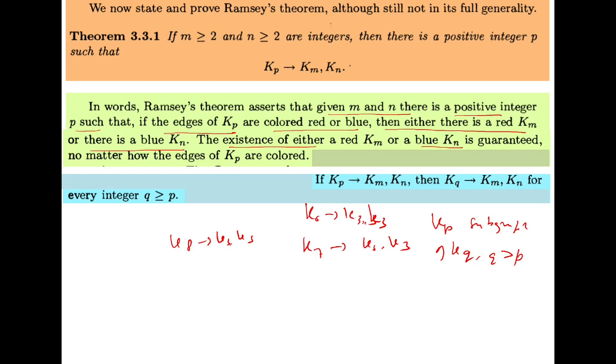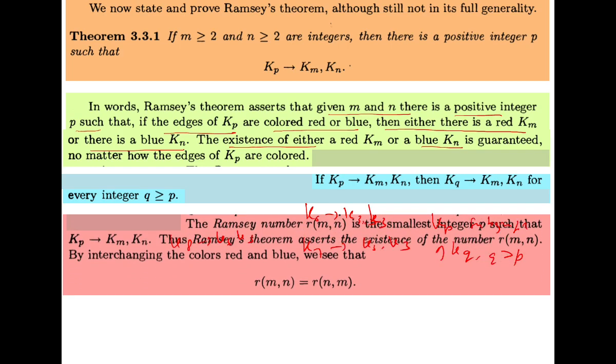So now let's introduce the Ramsey number. The Ramsey number, denoted as R(m, n), is the smallest integer p such that K_p goes to (K_m, K_n). And R(m, n) is the same as R(n, m).